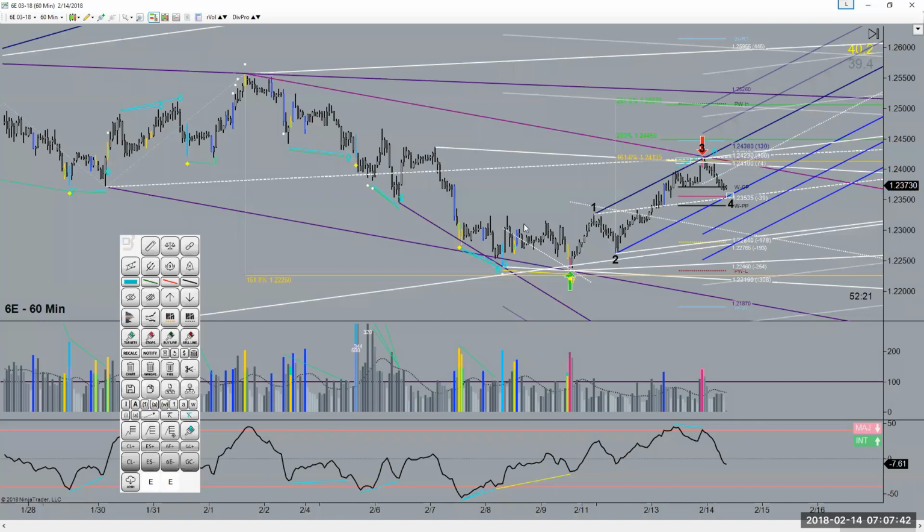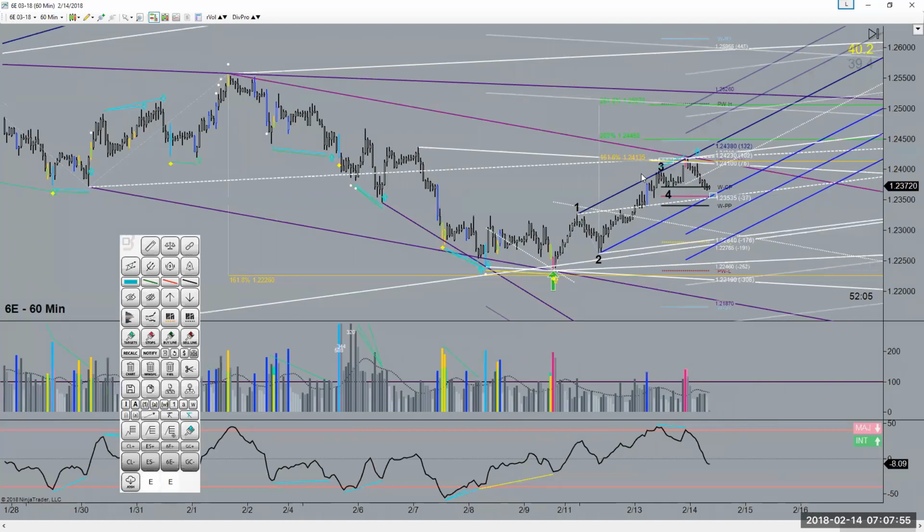So what I'm thinking here, I thought that you said this was like a 3 and a 5. Yeah, I guess that's what I meant. Okay, I'm thinking that this is 3 because it meets that. I mean, that's the average extension for a third wave, 161.8.